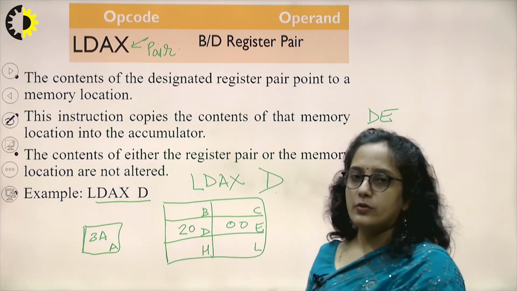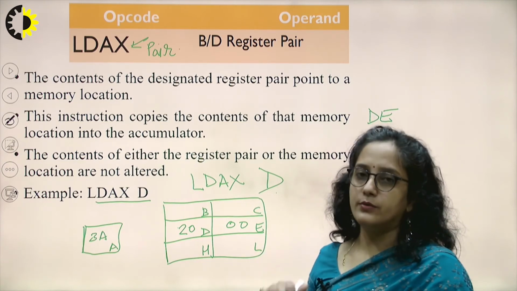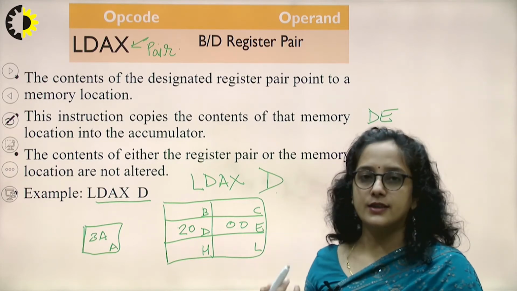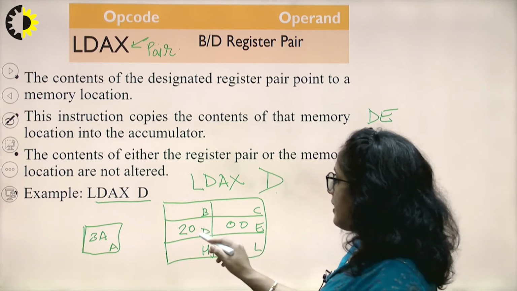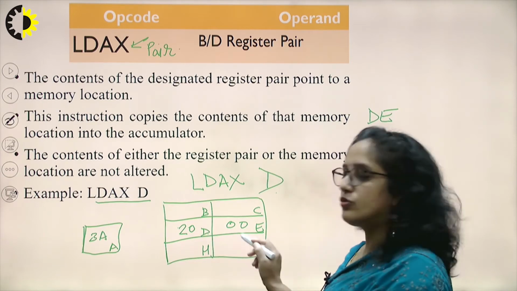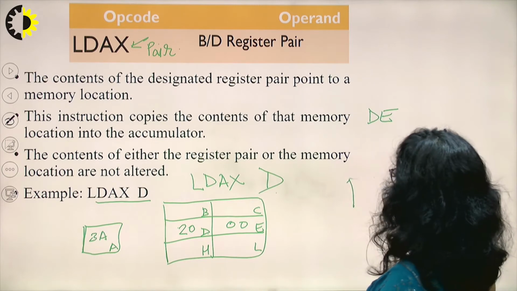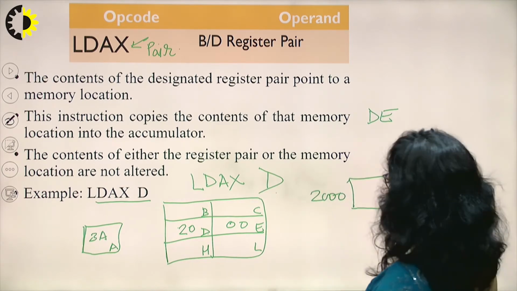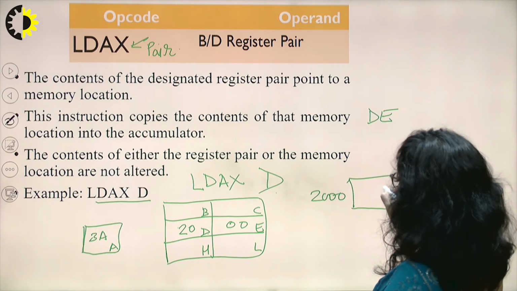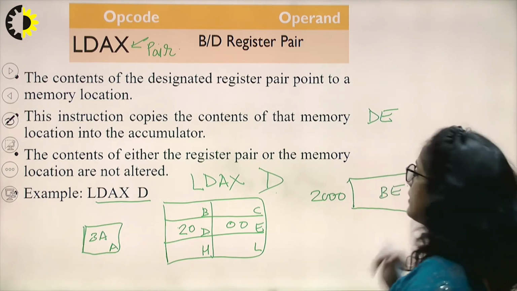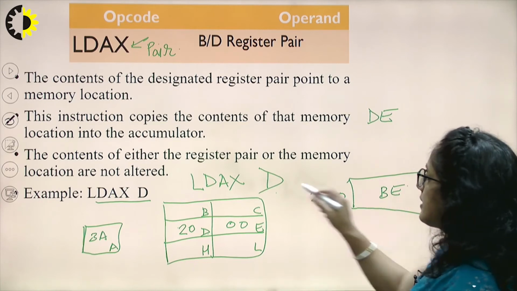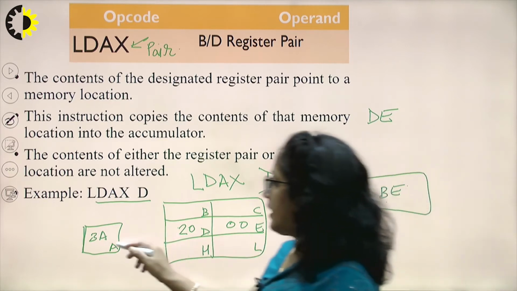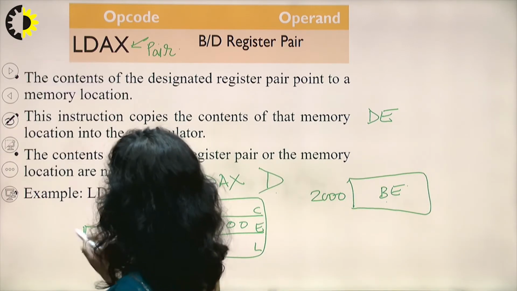When the microprocessor decodes that opcode, it comes to know that the content of the register pair will be considered as a memory location. So it reads the content of the register, which is 2000, then goes to memory location 2000 through the address bus. Suppose the content stored there is BE. When this is executed properly, the content BE of the 2000 location gets transferred and is stored in the accumulator.